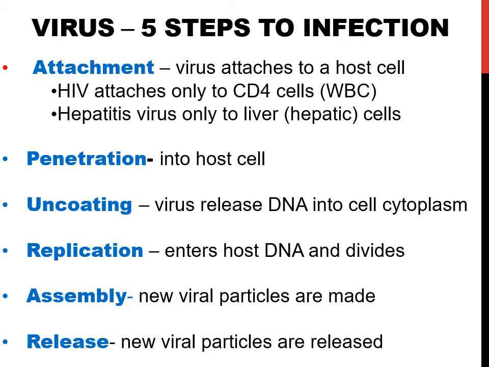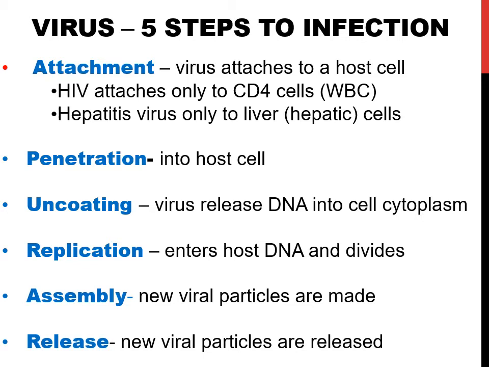It penetrates into the host cell, so into the cytoplasm. There's an uncoating process where the virus now can release its DNA into the cell cytoplasm. Then the DNA of the virus enters the host DNA and takes command and produces its own particular proteins that it wants to produce to make its own new viral particles.